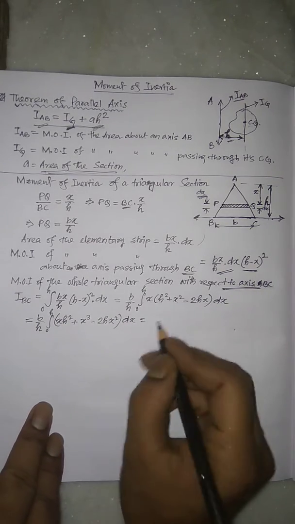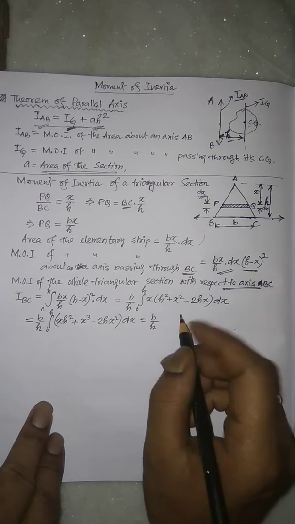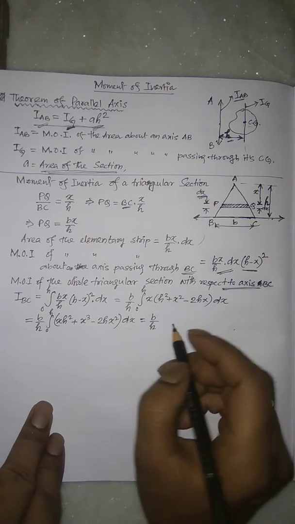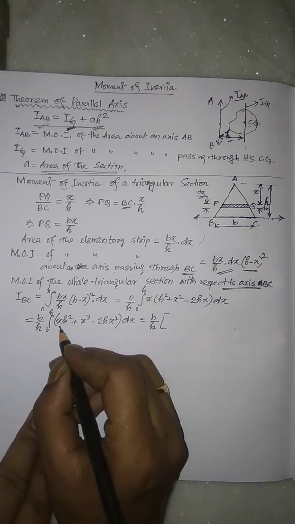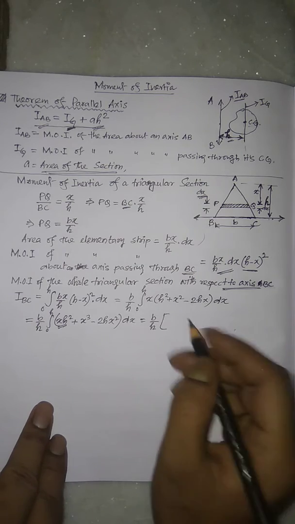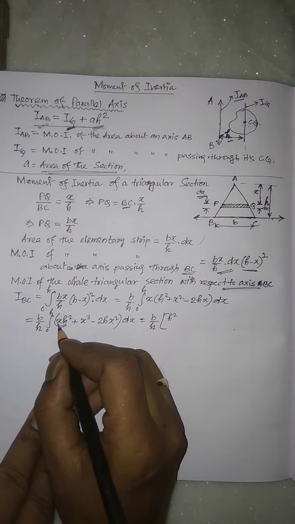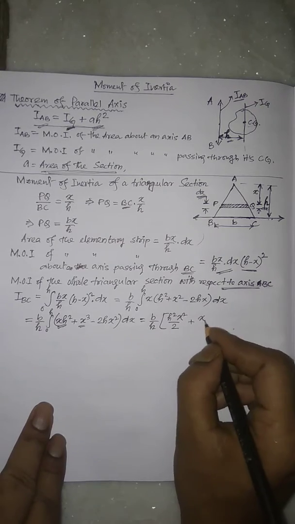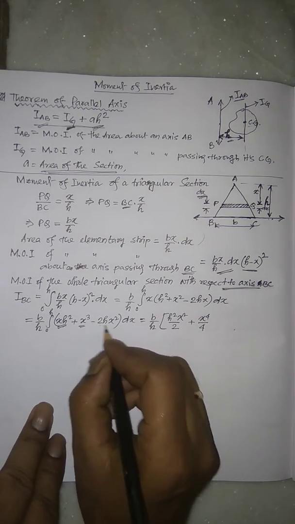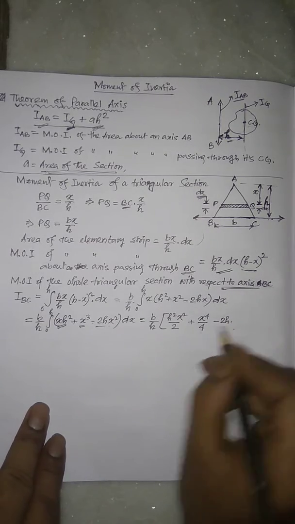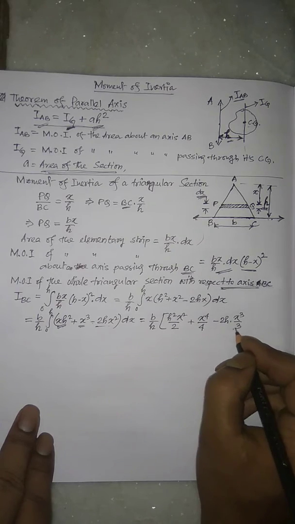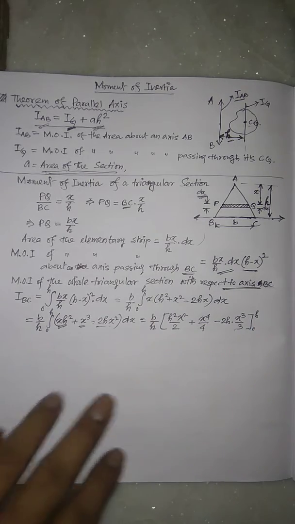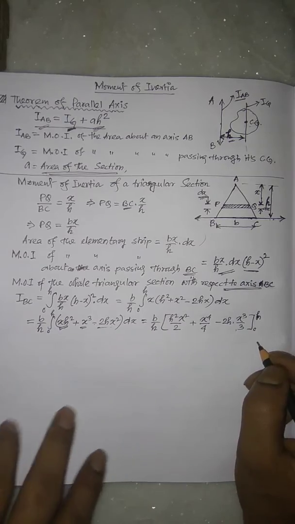Now that should be equal to b by h, integration of this quantity: h square into x square by 2, plus x to the power 4 by 4, minus 2h, that is constant, into x cube by 3, and the limit is 0 to h.